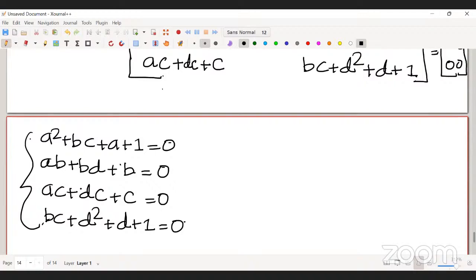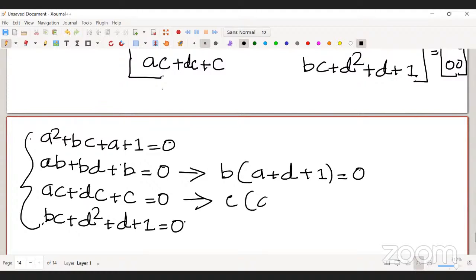So first thing, from these two equations, I can take B common: B times A plus D plus 1 equal to 0. From the first and the fourth equation, I can't take anything common because you have 1 in the end. Sir, actually, I found some matrix just arbitrarily.